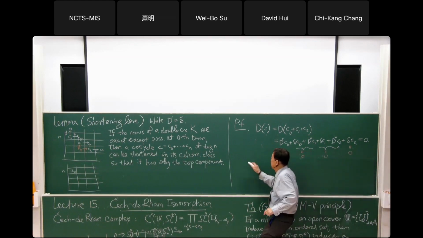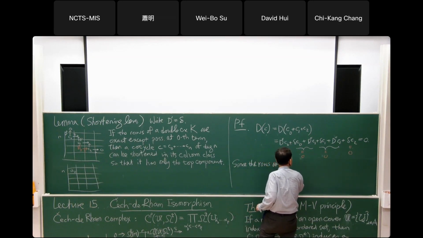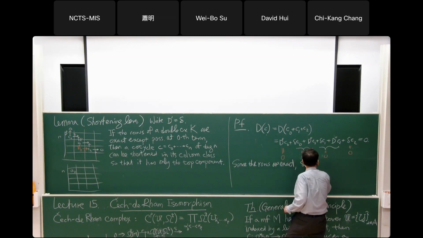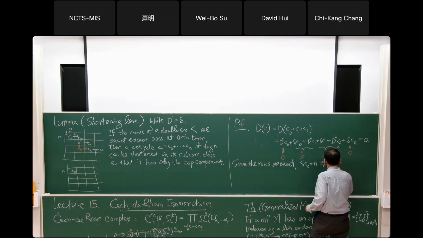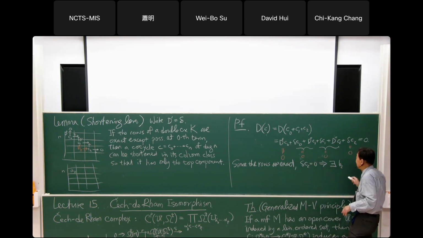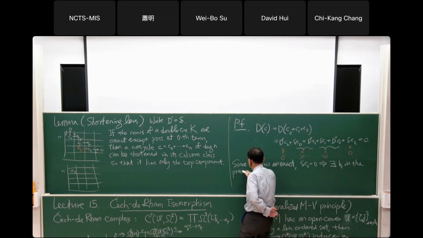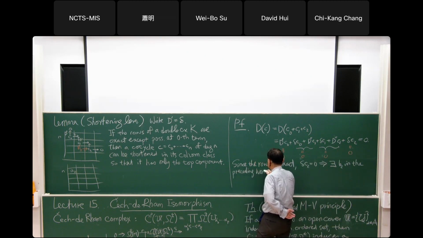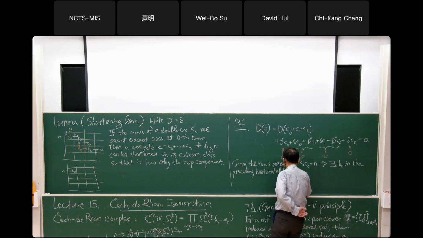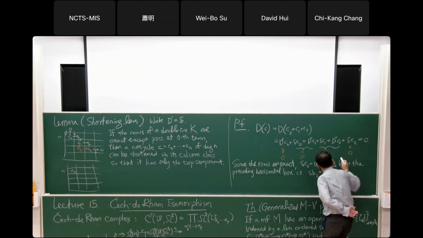Since the rows are exact, delta C2 equal to 0 implies that there exists a B2, so it's in the preceding horizontal box, such that delta B2 equals C2. Okay?